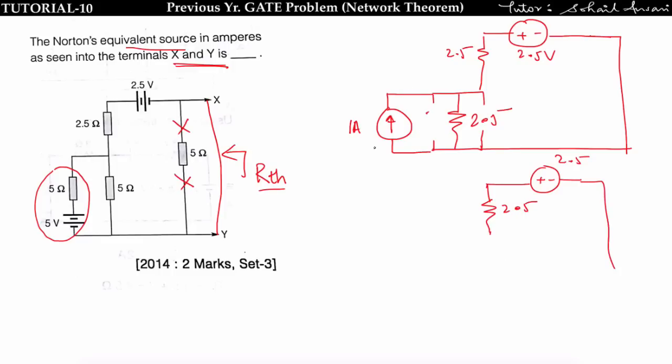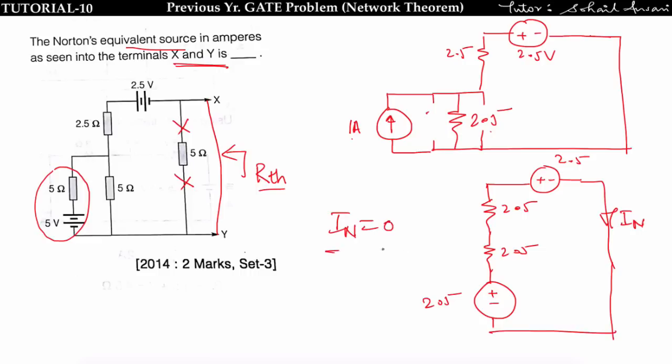Now if you transform this practical current source into a voltage source, you will get 2.5 in series with a voltage source having value 1 multiplied by 2.5, that is equal to 2.5. Now find IN, you will get IN is equal to 0, because this 2.5 and this 2.5 will oppose, and finally the Norton current will be 0.